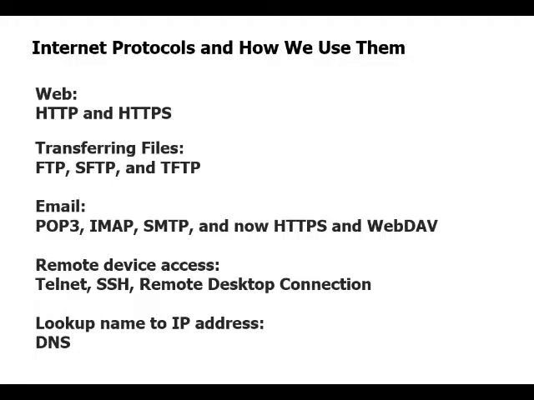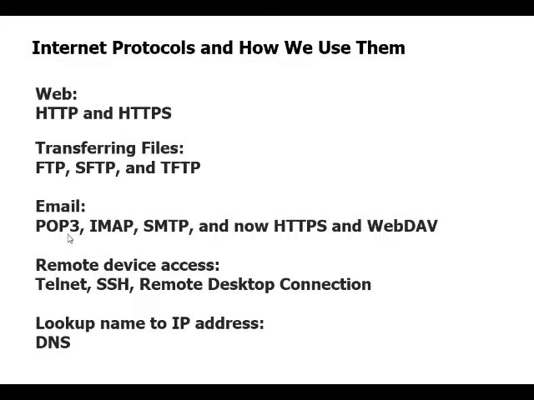So the protocols we use for email today oftentimes are just browsing to a website like gmail.com or outlook.com or yahoo.com. And we would do that over HTTPS. So we actually just open a web browser and go to a website to get our email. However, we can still use these three protocols actually to send and receive email.